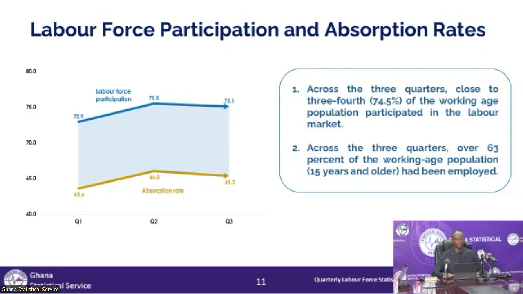Absorption rates closely tracked participation. And this means that most people who entered into the labor force were absorbed into employment. So, for example, 65.3% of the working age population, that's the population aged 15 years and above, were employed or absorbed in Q3 of 2025.